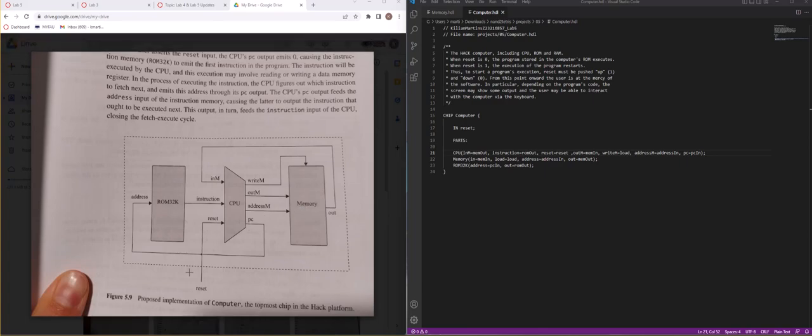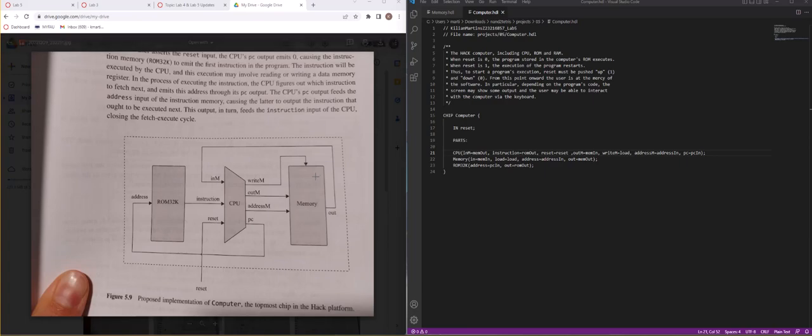Basically, the reset is the input coming into the computer chip, and it's going into the CPU.